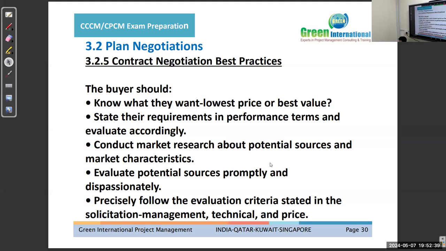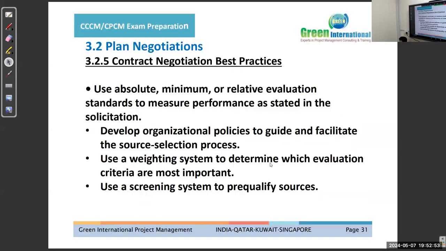Evaluate potential sources promptly and dispassionately. Precisely follow the evaluation criteria stated in the solicitation: management, technical and price. Use absolute, minimum or relative evaluation standards to measure performance as stated in the solicitation.